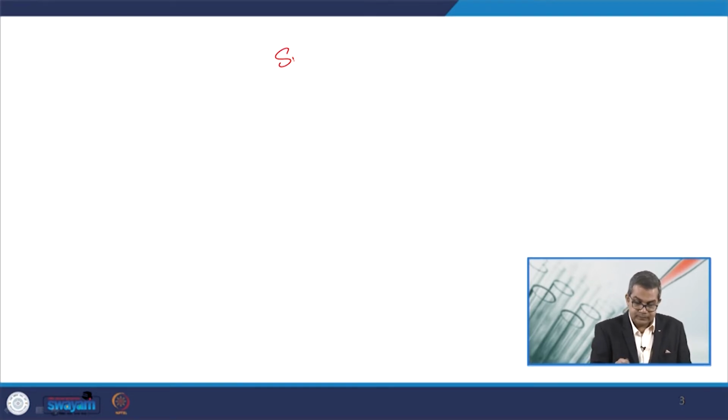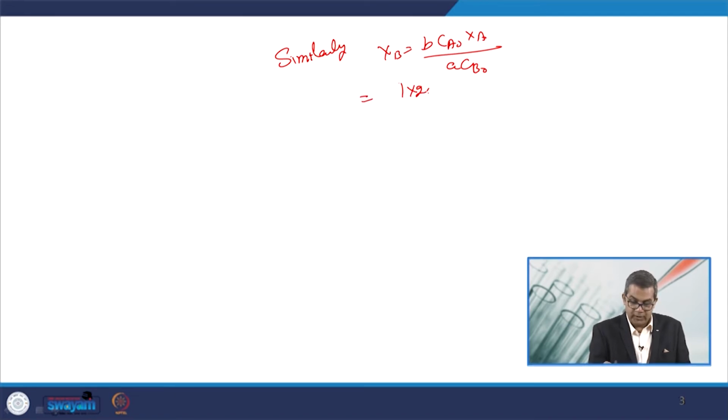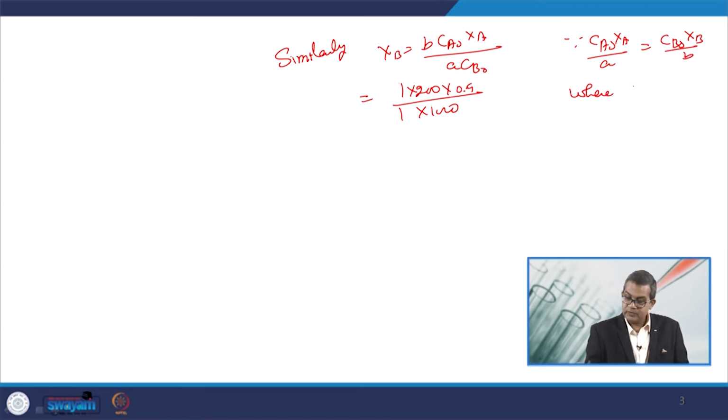Similarly, XB is equal to B CA0 XA upon A CB0, and that is 1 into 200 into 0.9 upon 1 into 100, from CA0 XA upon A equal to CB0 XB upon B, where A is equal to B is equal to 1, as the stoichiometric coefficients of A and B are 1.